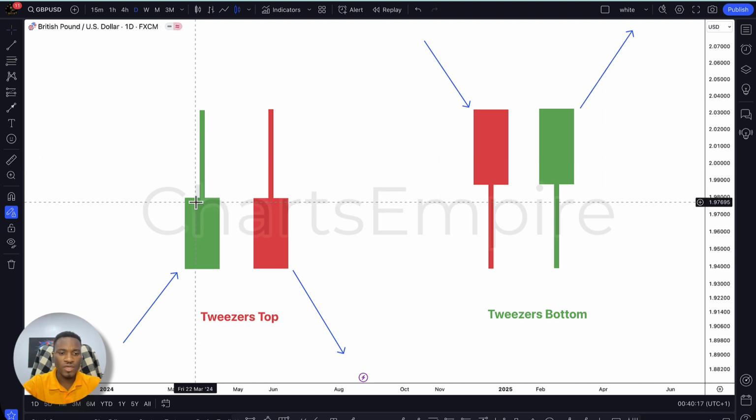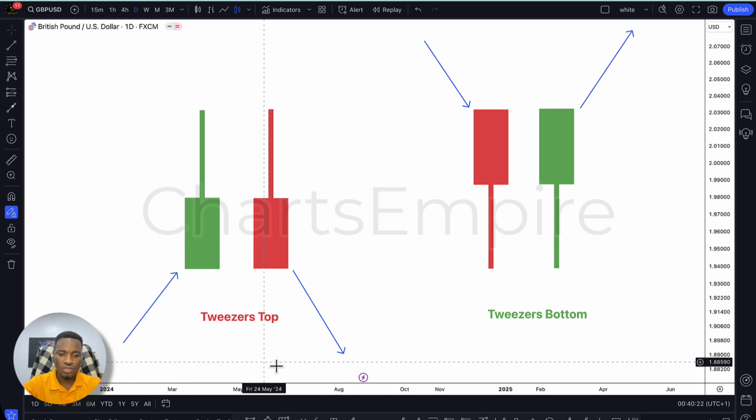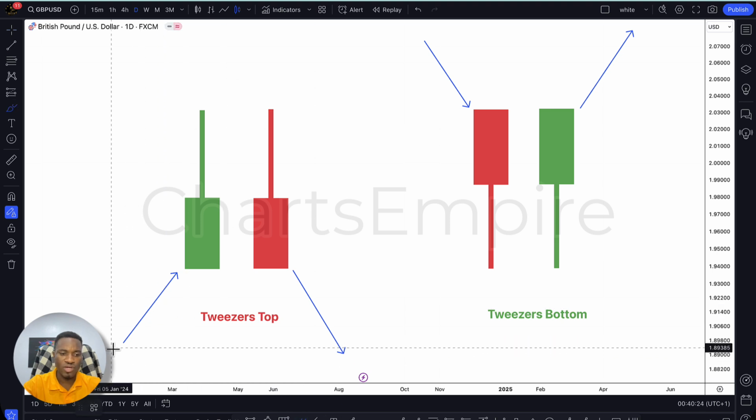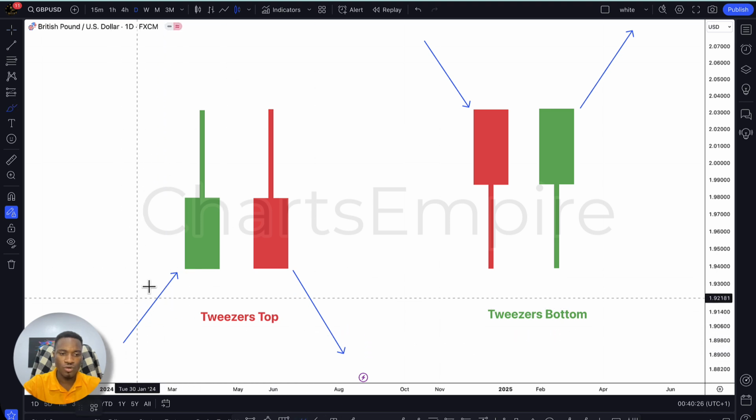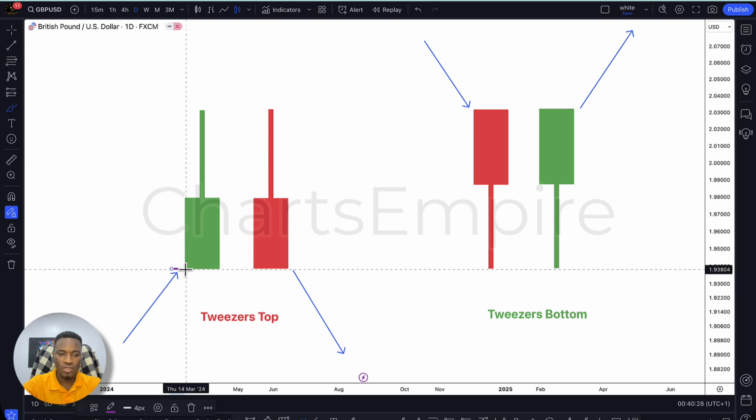So right here we have the first bullish candlestick. The buyers push the price from the low section all the way up, and they opened at the lower section. This is the open of this candlestick. The price rallied up to give us a high. Remember, we discussed the high in the first part of this tutorial of how to read the Japanese candlestick pattern, right?